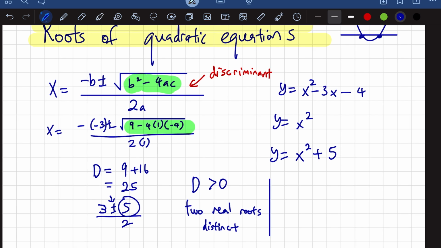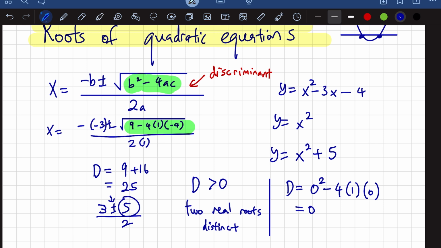Now, we're going to look at the second example. We're going to just focus on the discriminant since there isn't a b value. Your b is 0, and there's also no c value, so c is 0. And a is 1, so your discriminant in this case is 0 squared minus 4 times a, which is 1, times c, which is 0, and you get 0. So, if your discriminant is 0, what does it mean?